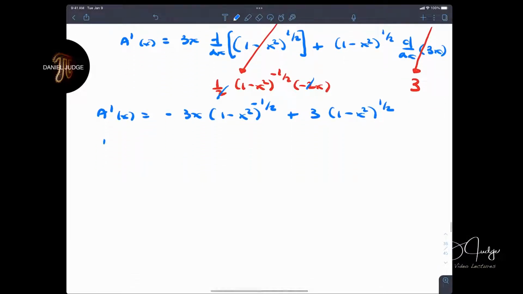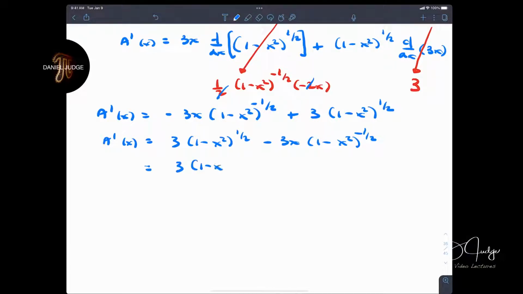And as you guys know, I do not like to have my term start with a negative term. So I'm going to have to find critical values here for this, but we're going to have to factor out the greatest common factor. So it's 3 times 1 minus x squared to the minus 1/2, the smallest power. And that's just going to leave us with a 1 minus x squared here when we divide.